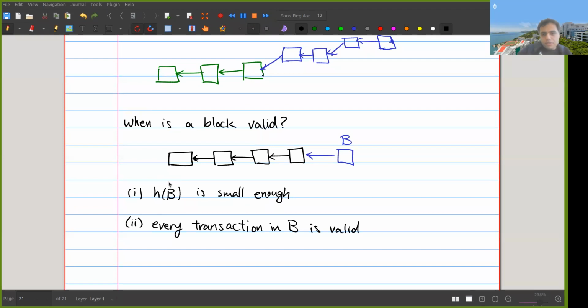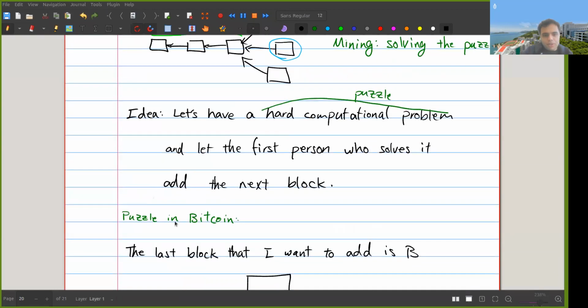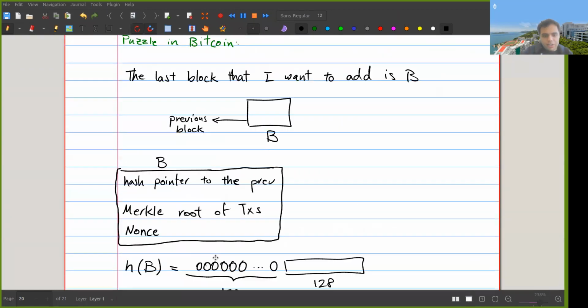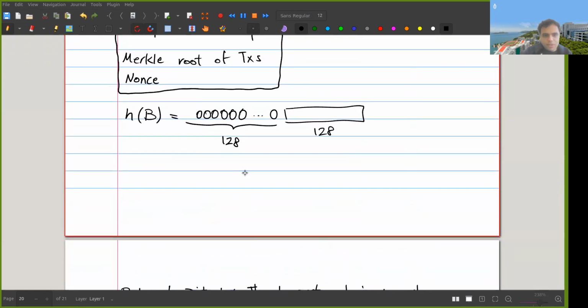Okay. So you see, for a block to be valid, what should happen? Well, first of all, we want to make sure that every transaction in the block is valid. So this is point 2. But we also want to make sure that the miner who wanted to add this block should have solved the problem that we said here, the puzzle, which was having a small hash. So we want to make sure that the hash of this block is small, right?